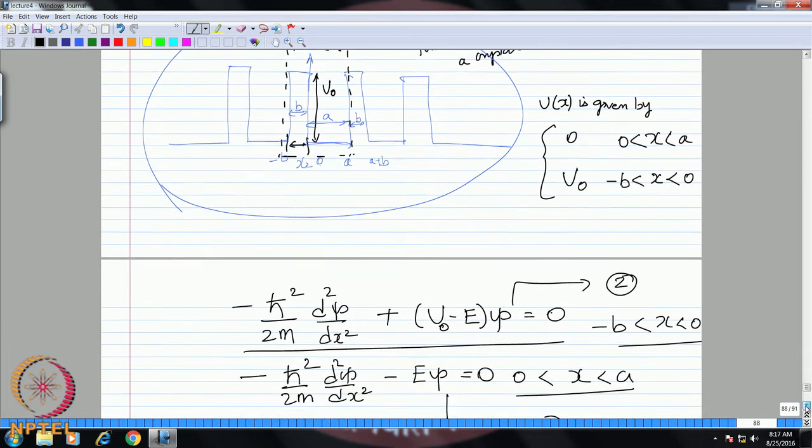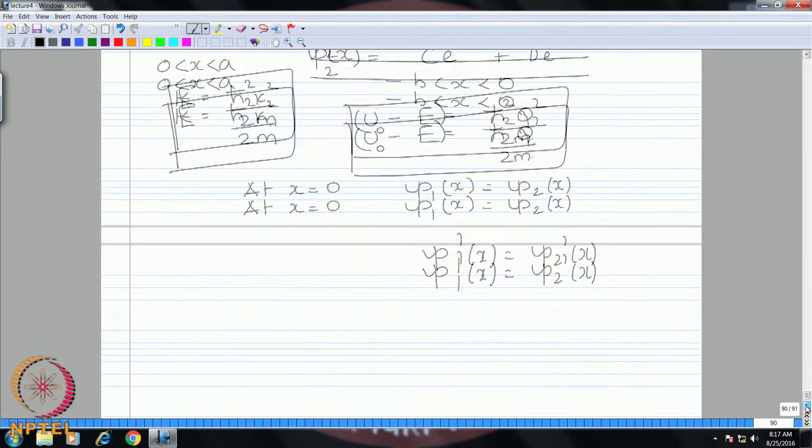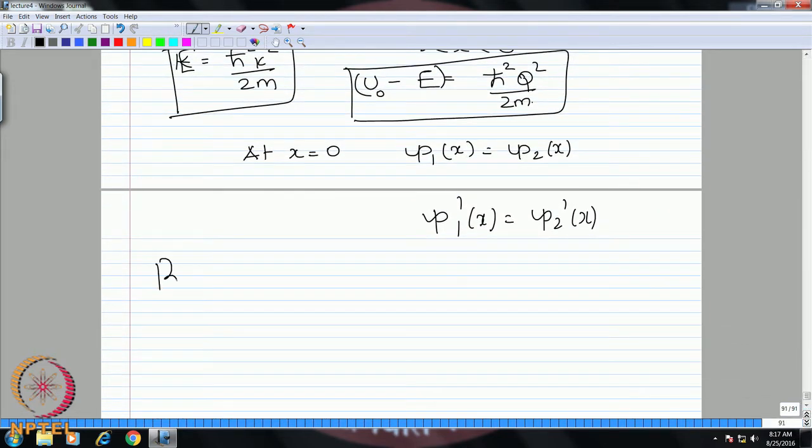So, we use what is called Bloch theorem. This gives you the form of the wave function that should be applied if your potential is periodic.